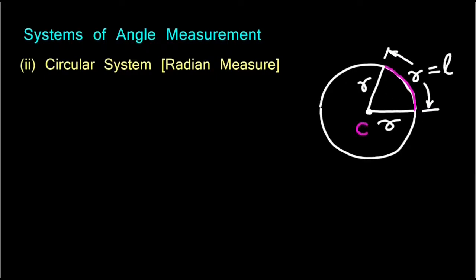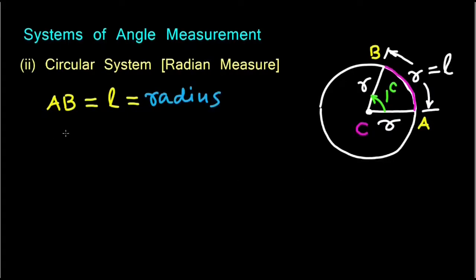So in this case, this angle is known as 1 radian and it is written as 1 to the power c. So we have here length of arc AB, which is L. It should be equal to the radius of the circle.